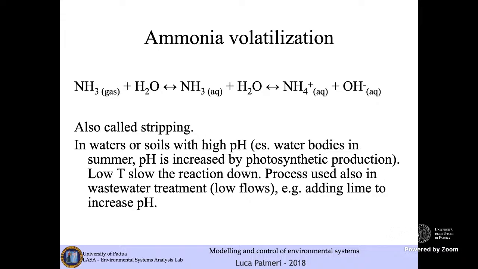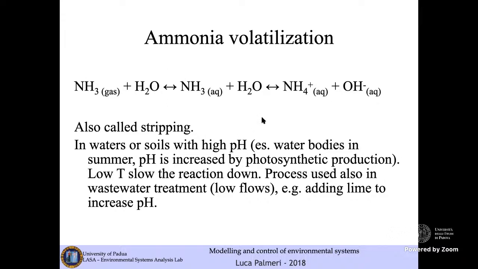We may say that NH3 in the gaseous form plus water converts to NH3 in the aqueous form plus water, and then this is converted by biological processes into ammonium in aqueous form plus hydronium.